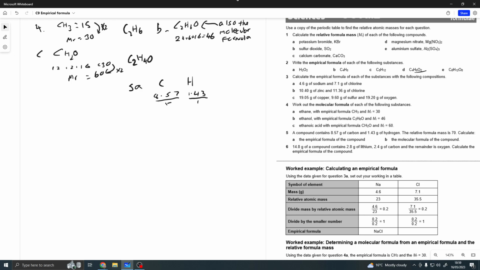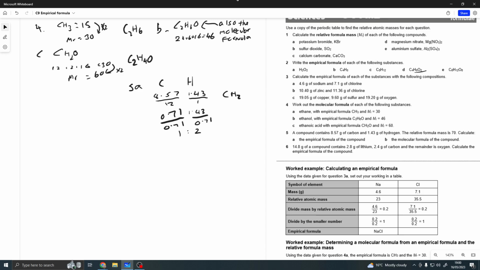That makes 1.43 obviously, and 8.57 divided by 12 is 0.71. So we're going to divide both of those by 0.71. That gives us a 1 to 2 ratio, so it's CH2.